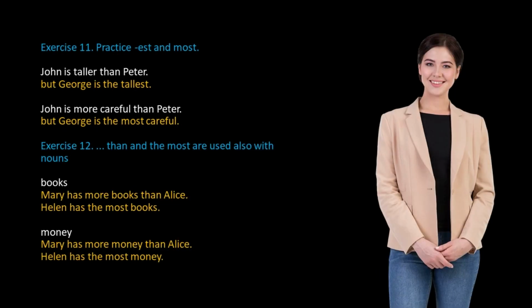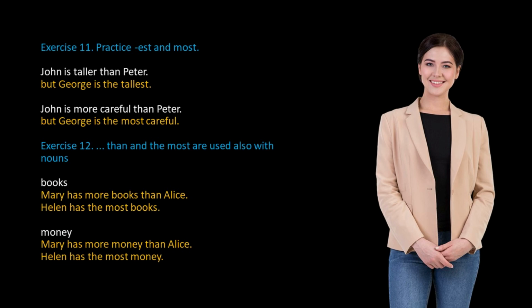Exercises 11 and 12. Exercise 11. Practice the -est and most. John is taller than Peter. But George is the tallest. John is more careful than Peter. But George is the most careful. Exercise 12.